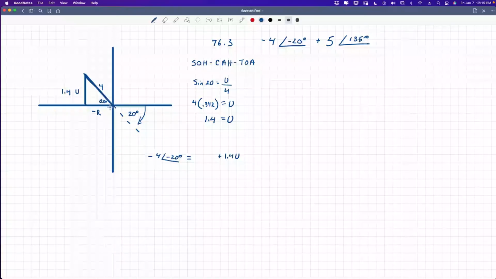We can use cosine for that because that's adjacent over hypotenuse, and adjacent is the side that helps make the angle. The cosine of 20 is equal to the adjacent, which is the negative r, over the hypotenuse, which is 4. So we multiply both sides by 4. It's going to be 4 times the cosine of 20 equals negative r.